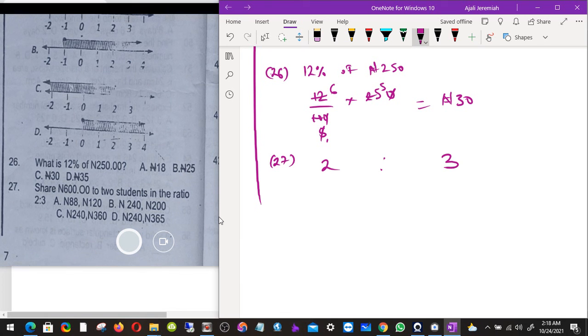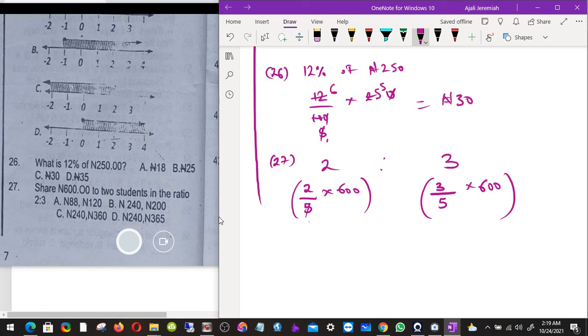For this ratio it will be 2 over the sum of the ratios, 2 plus 3 is 5, times the money being shared, 600 naira. Then for this ratio it will be 3, the ratio itself, over the sum of the ratios, 2 plus 3 is 5, times 600 naira.